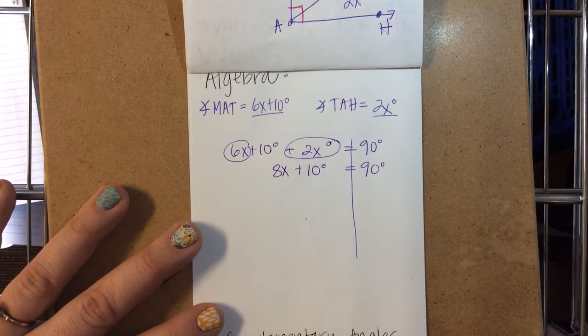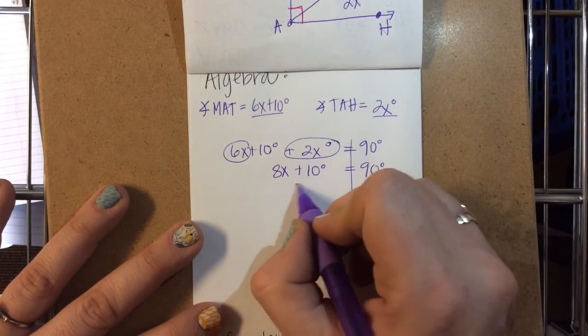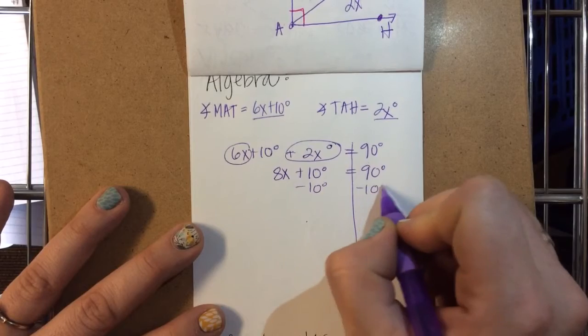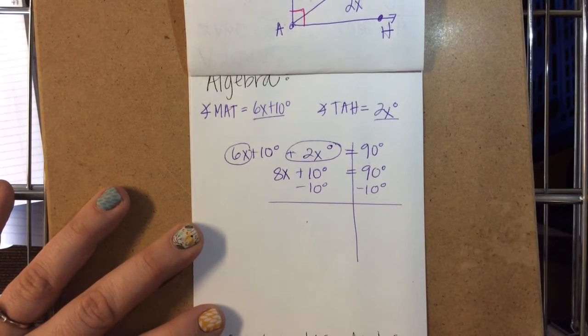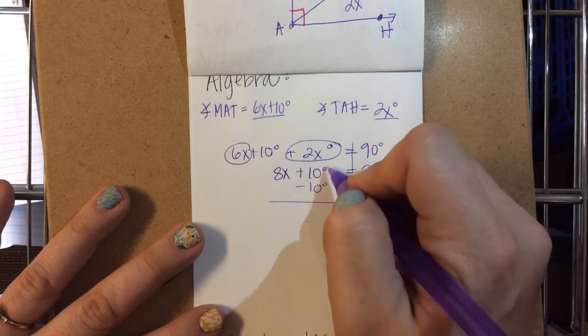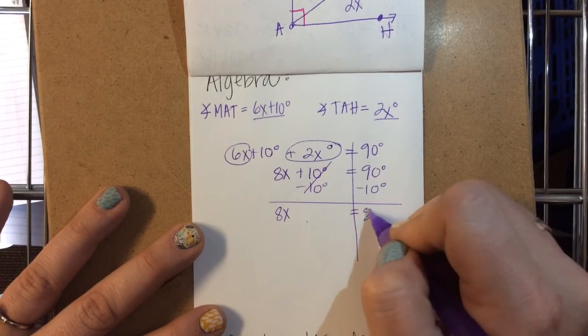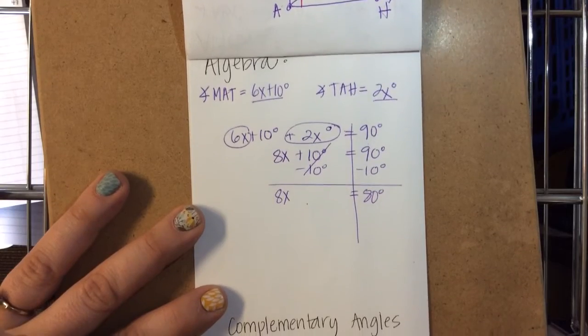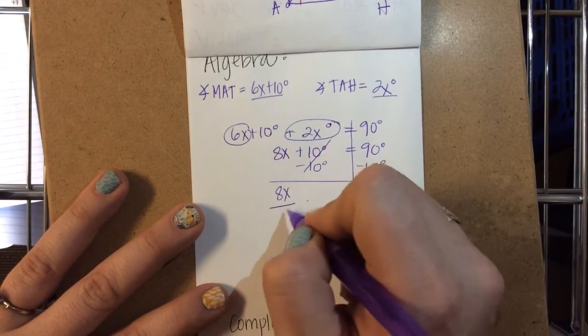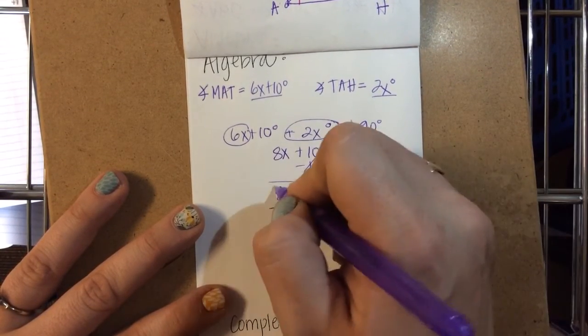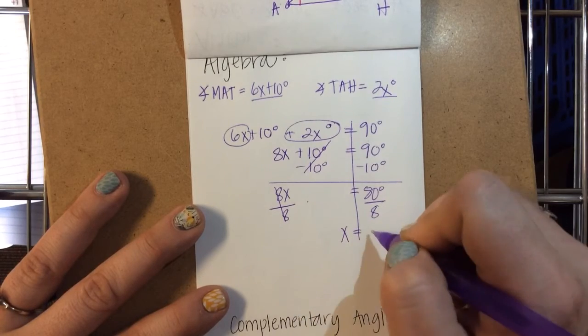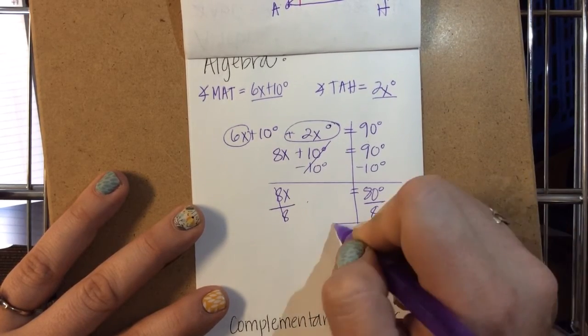No, you still got to solve. Then I subtract 10 degrees, and I have 8x equals 80 degrees. Then I divide by 8. x equals 10 degrees. Is that my answer?